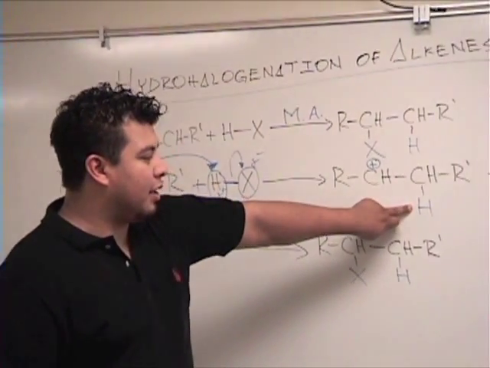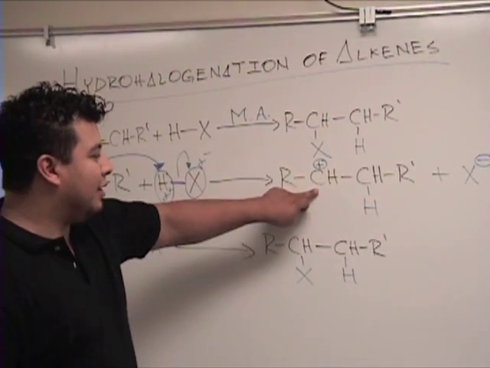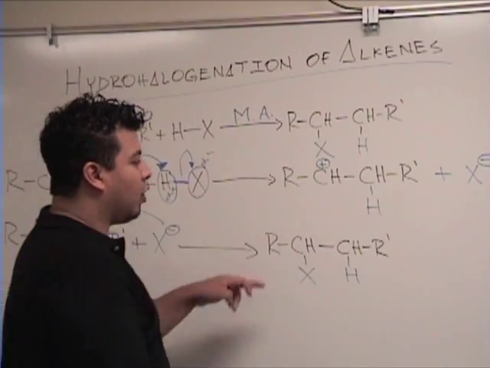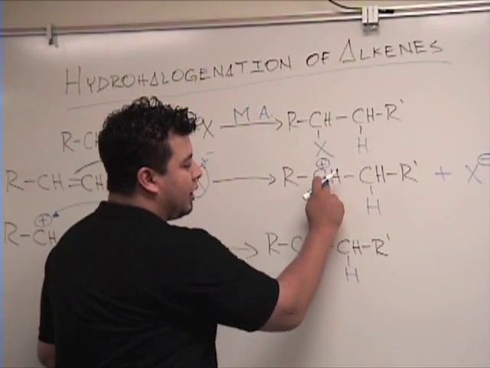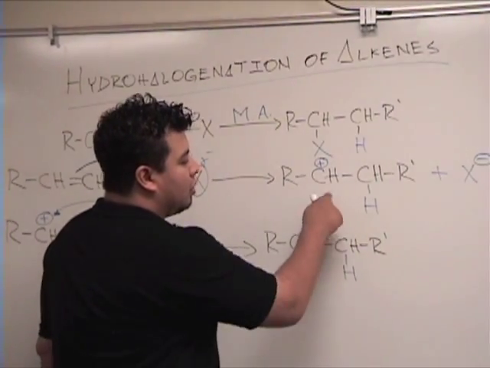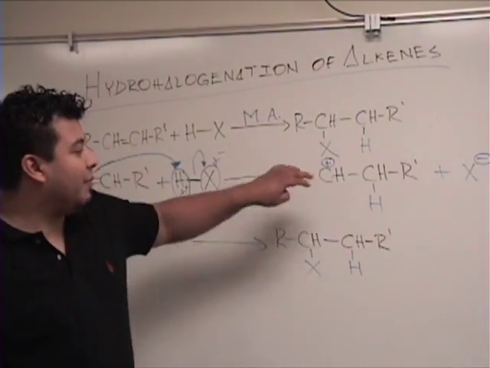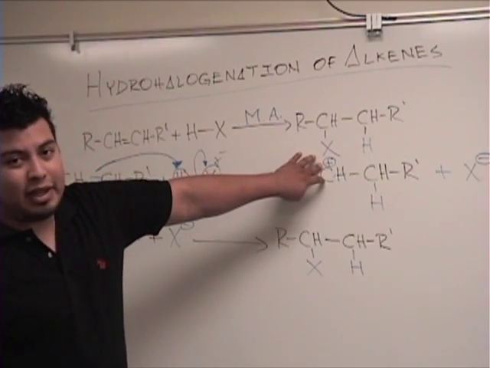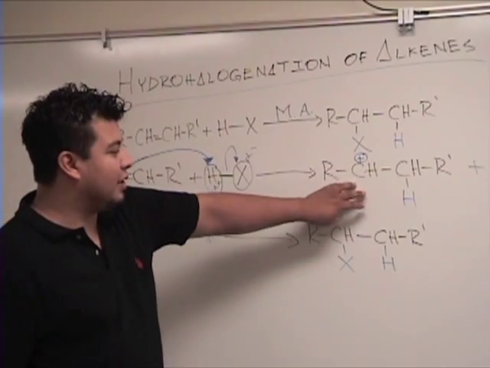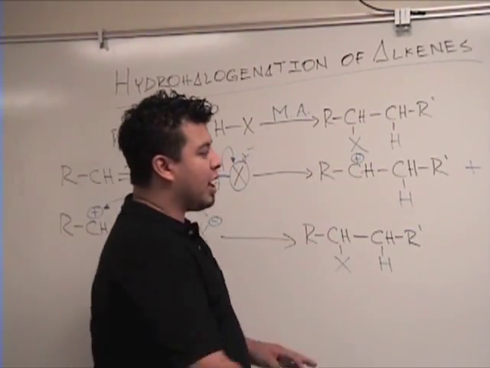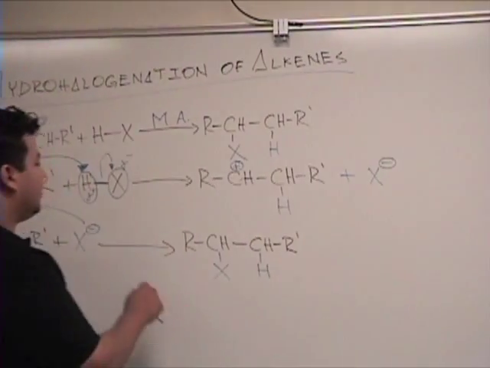Then we make an addition here, and this carbon only has 3 bonds. It's bonded here, 1, 2, and 3 to the hydrogen. So it has an empty orbital. That empty orbital, since it doesn't have any electrons, we're going to represent it with a positive charge. That means that this is a carbocation. And then we have plus the X minus.